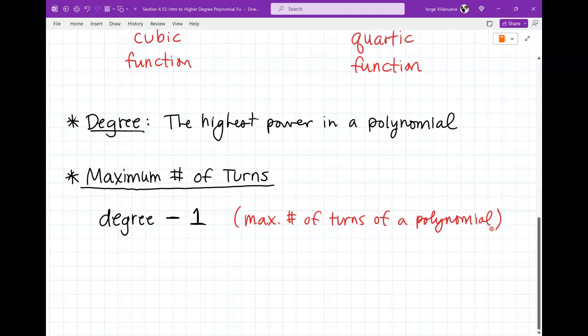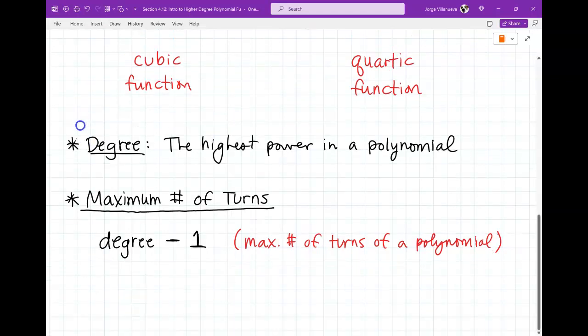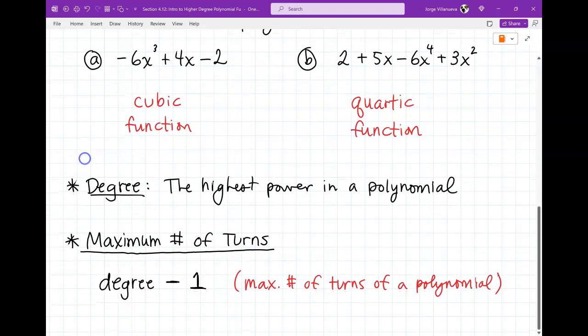So all you have to do is get the degree and subtract 1, so 1 less than the degree. How many turns does part A have? 2, because the degree is 3. 3 minus 1 is 2. That means that that function will turn at the most 2 times.